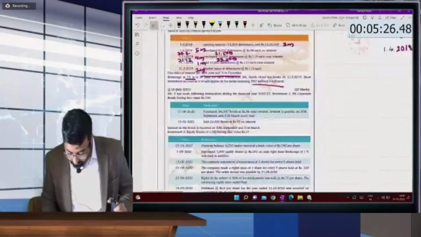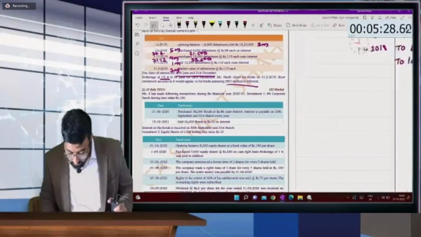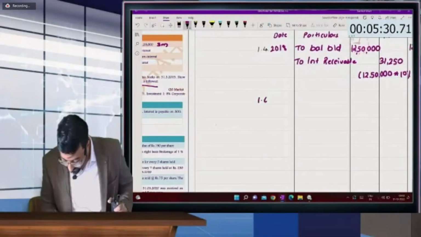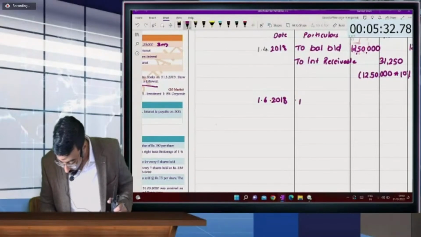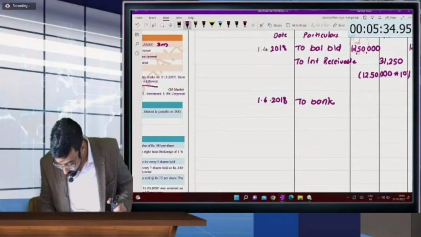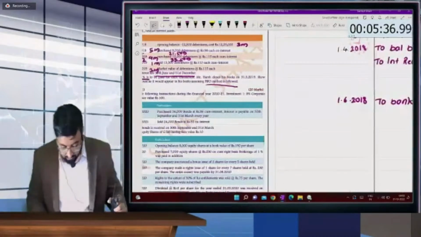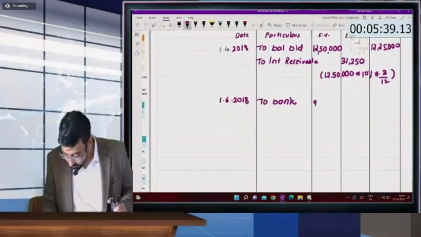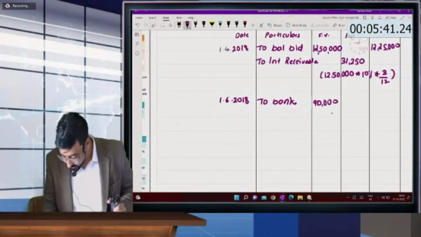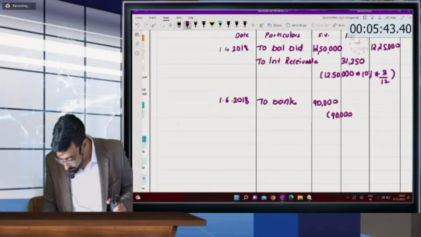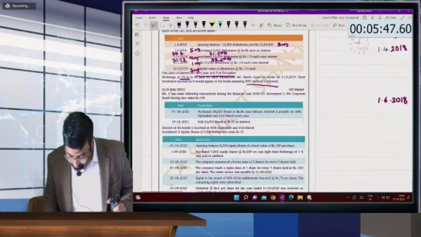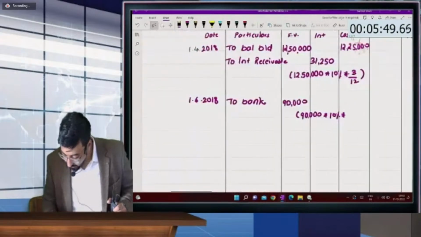Then 1st June, to bank, 90,000 into 10% into 5 by 12.